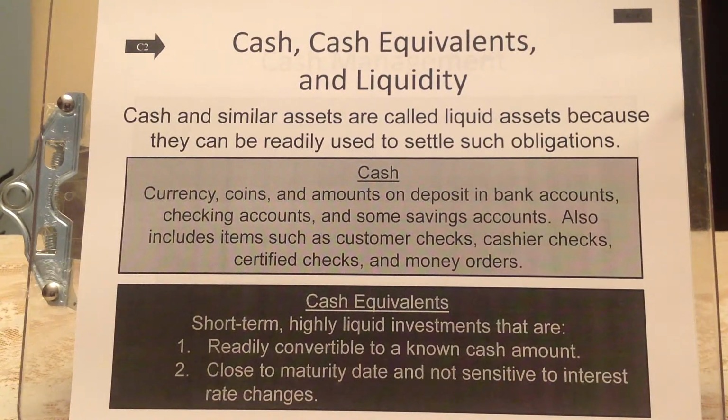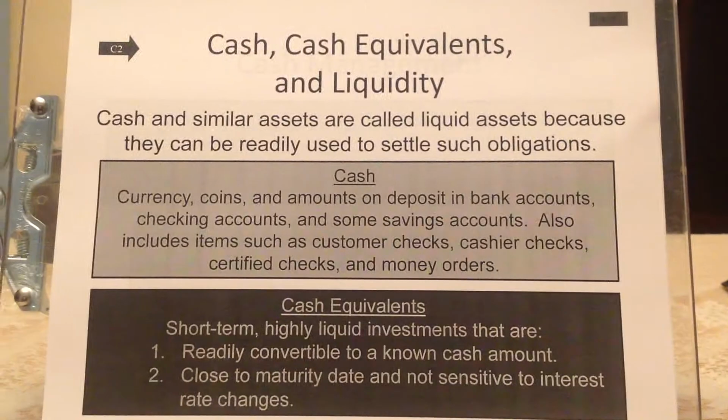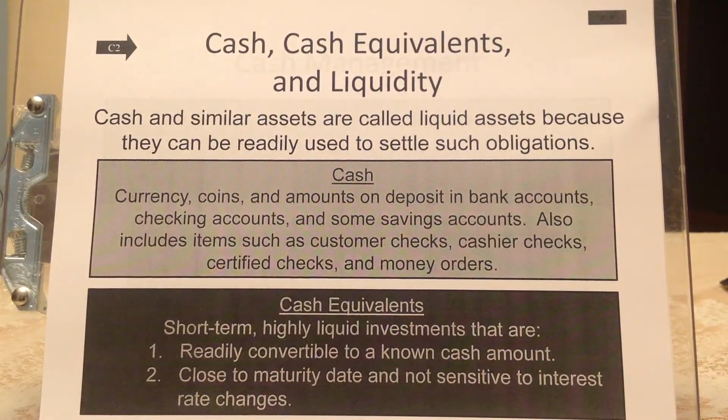Cash, cash equivalents, and liquidity. Cash and similar assets are called liquid assets because they can readily be used to settle obligations. Cash is currency, coins, and amounts on deposit in bank accounts, checking accounts, and some savings accounts.